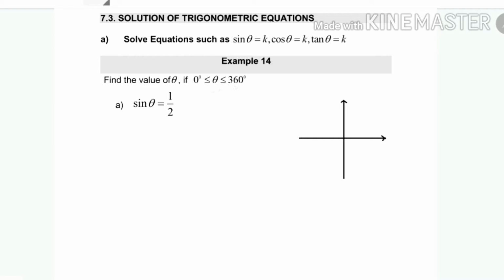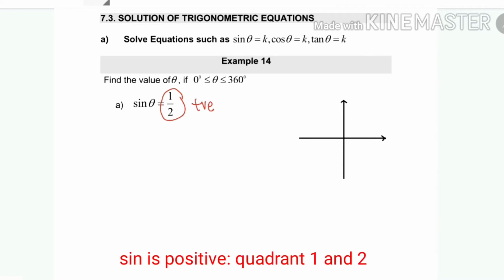360 degree inclusively. A. Sin theta equals 1 over 2. The value of 1 over 2 is positive. Let's relate with the quadrant, where we choose first quadrant and second quadrant.